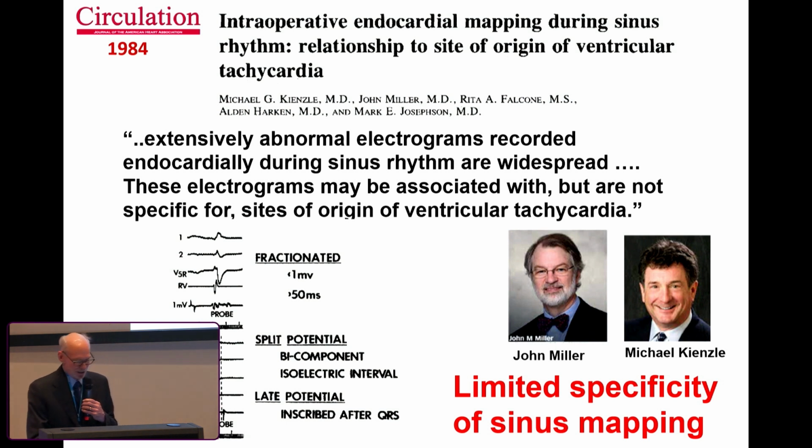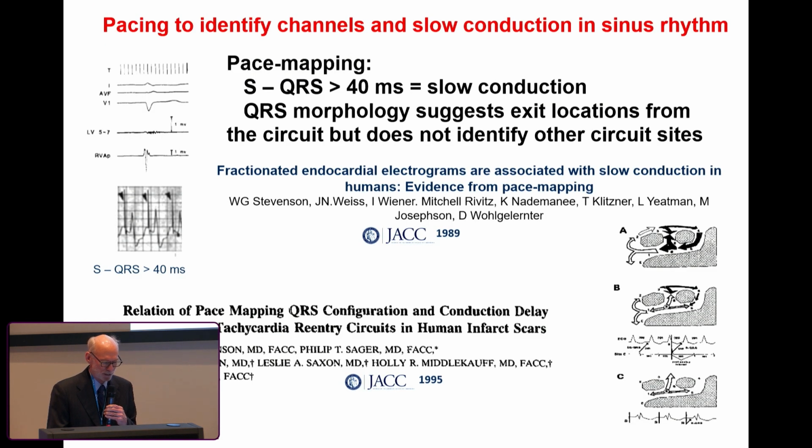And of course, John Miller and Dave Callans and Mark Josephson extended that to the use of catheter mapping in the electrophysiology laboratory. But they observed that you often saw abnormal electrograms over wide areas. It usually didn't direct you to a particular site, a critical site for reentry.